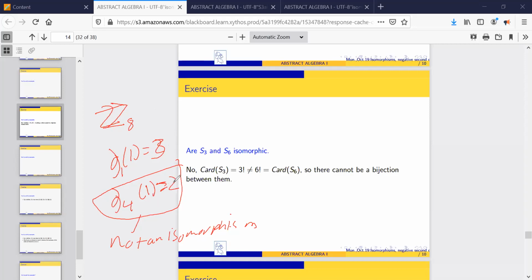But this guy right here, it can still be a homomorphism if it follows the same rules of phi of a plus b is equal to phi of a plus phi of b. Right?